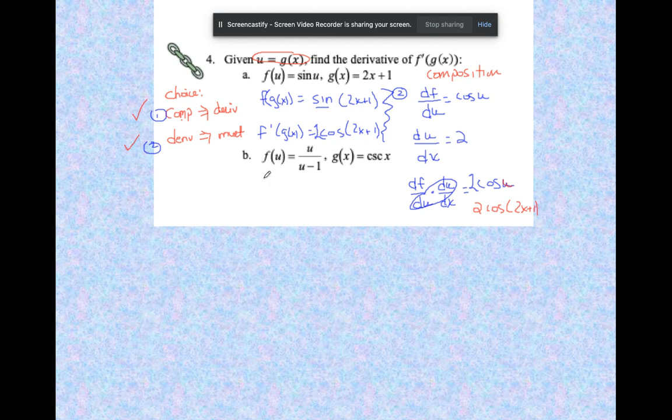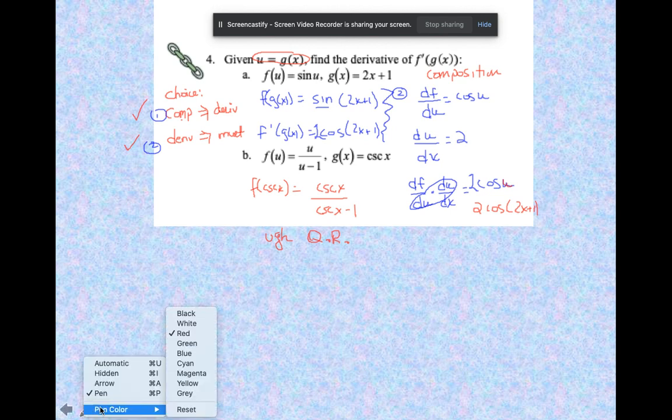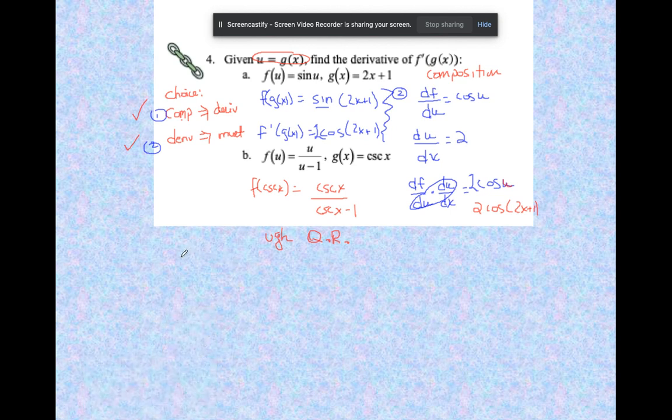If I do the composition first, ugh, I got to do the quotient rule. Hey, I wonder if doing the other way would be faster.